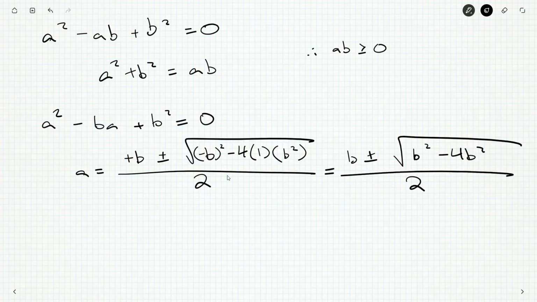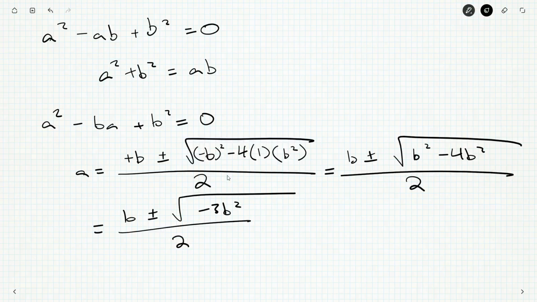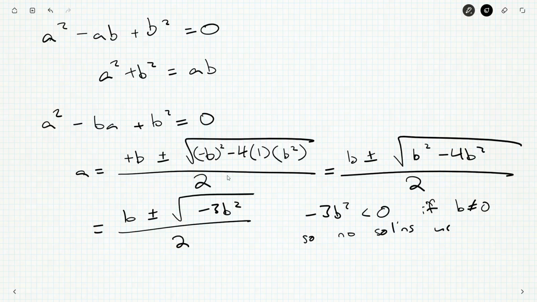Looks like there are no solutions because we're going to get negative 3b squared here. Well, no, we can get a solution if b is equal to 0. So negative 3b squared is less than 0 if b is not equal to 0. So no solutions unless b is equal to 0.